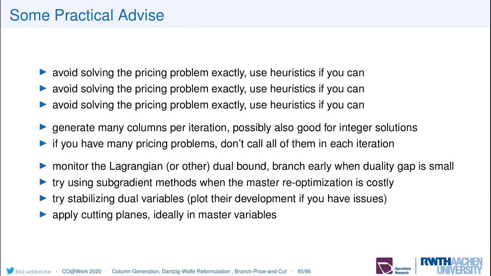I will link you in the comments of the video, and you will find many more techniques like dual stabilization, cutting planes, and all that. So all that may be relevant, but need not be relevant. So in the end, only experimentation will tell you whether it's actually worth trying to do this implementation.